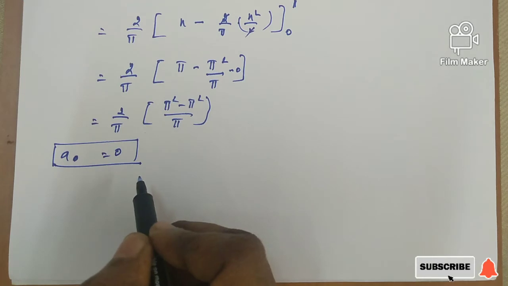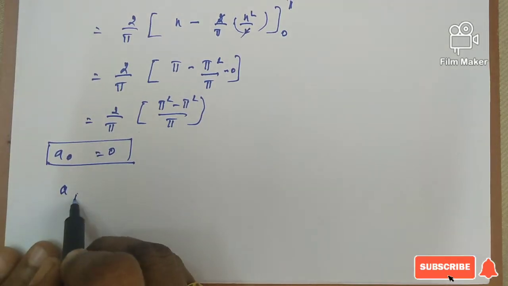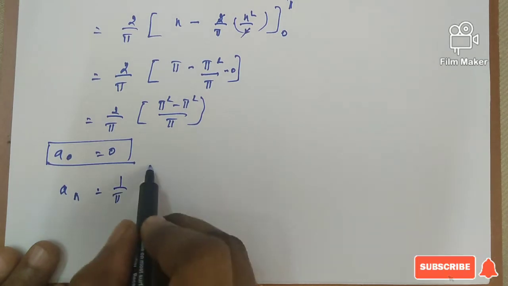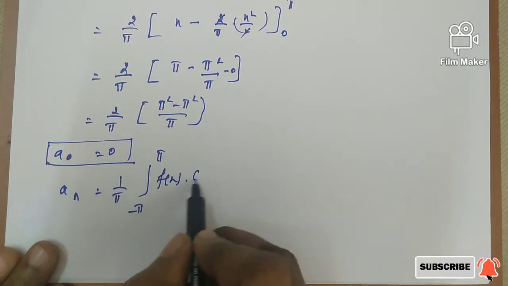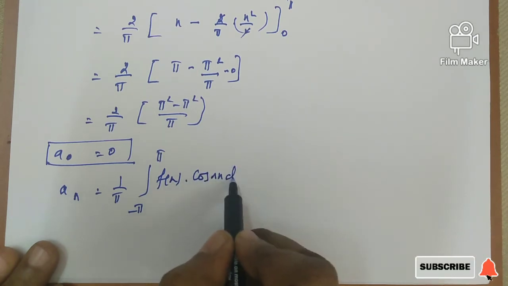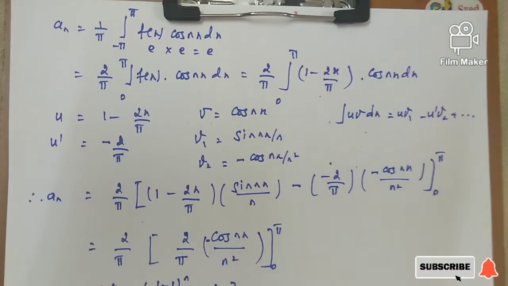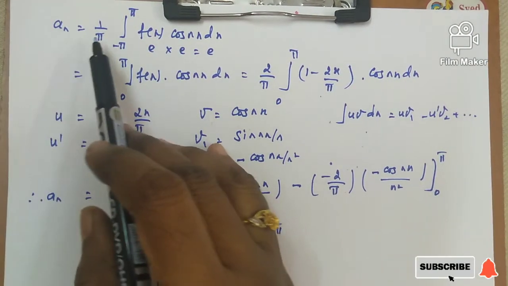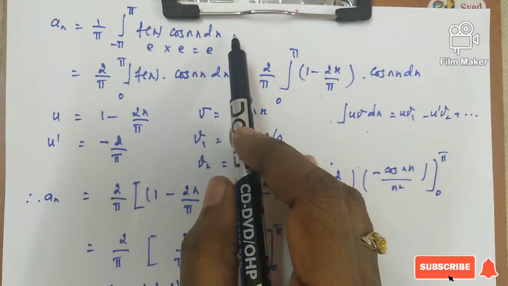Now we need to find the value for an. The formula for an is an equal to 1 by pi integral minus pi to pi f of x cos nx dx. This is the formula for an. So to find an, 1 by pi integral minus pi to pi f of x cos nx dx.